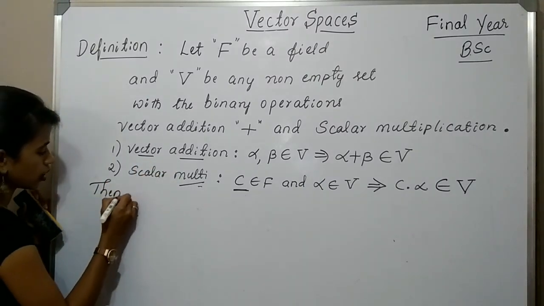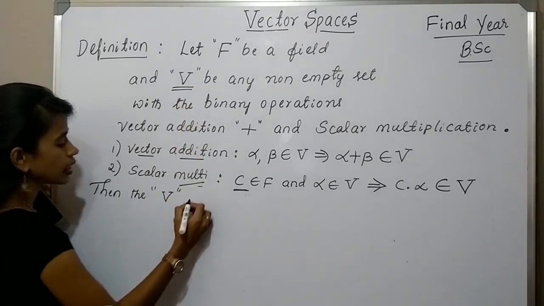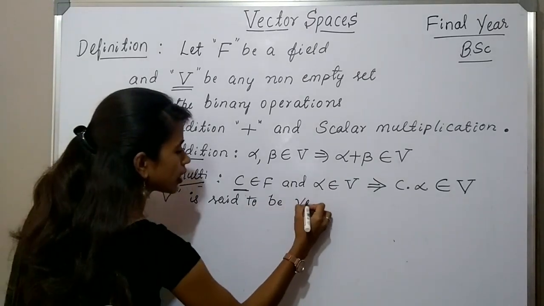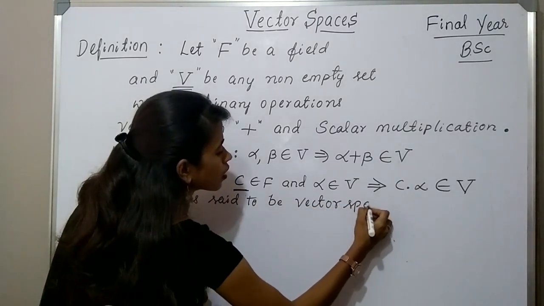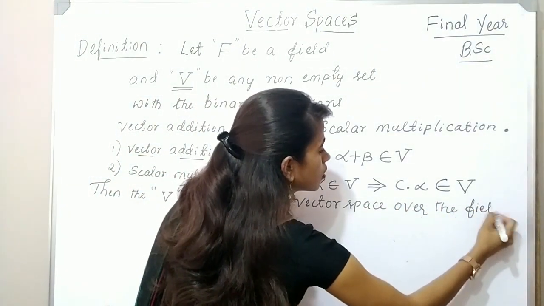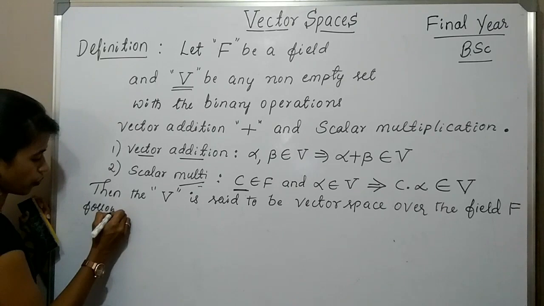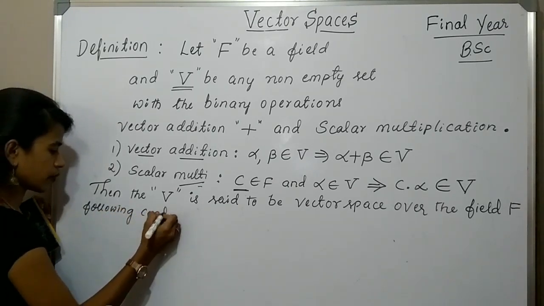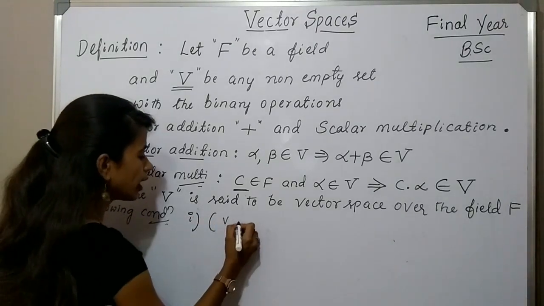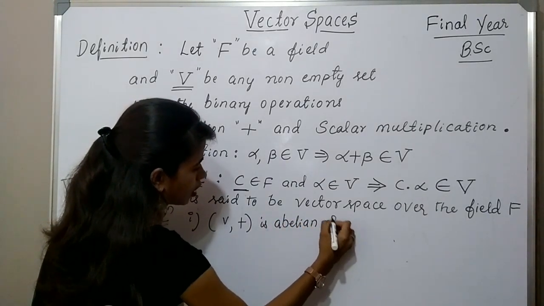Then the set V is said to be a vector space over the field F if it satisfies the following conditions. First condition, V comma plus is an abelian group.